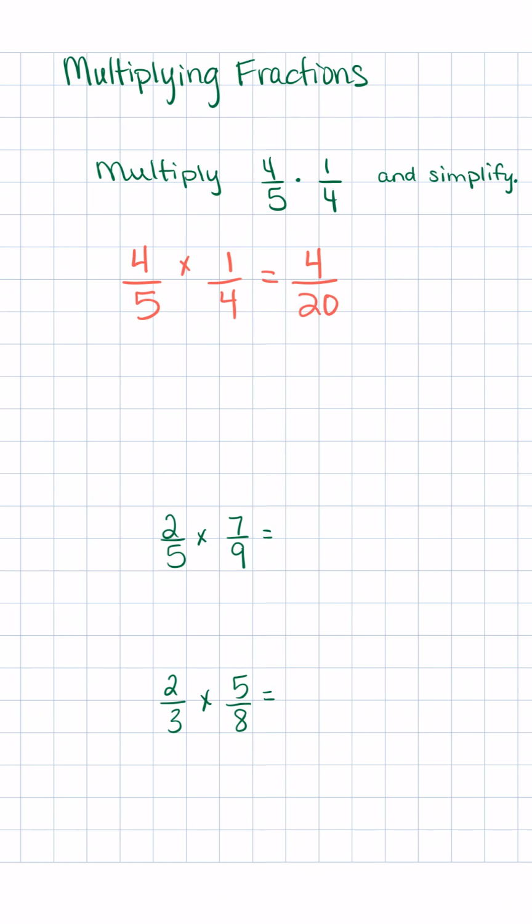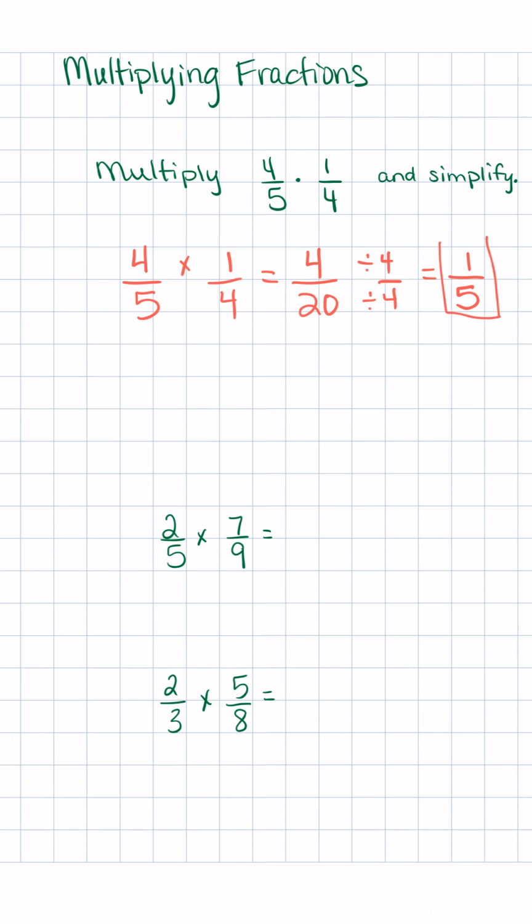And then we can see that 4 and 20 can both be divided by 2. They also can both be divided by 4. So we divide the top by 4, and the bottom by 4.